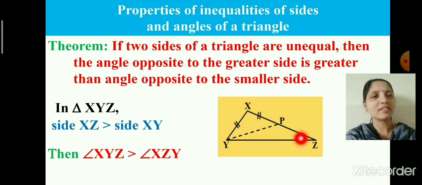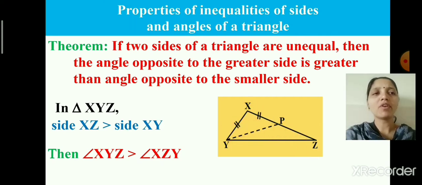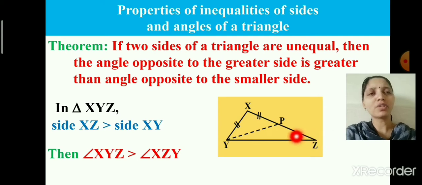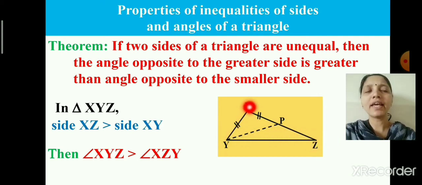XZY. Here if I consider the other two sides, let's take side YZ and side XY. Side YZ is greater than side XY. Then what is the angle opposite to side YZ? That is angle X. And what is the angle opposite to side XY?